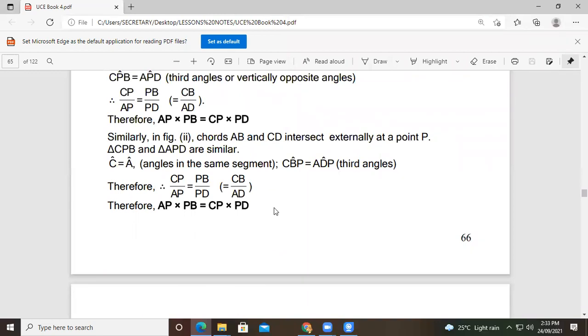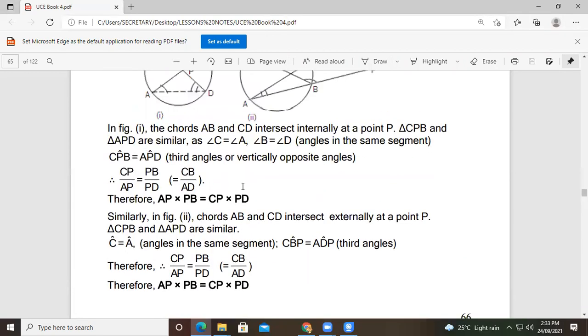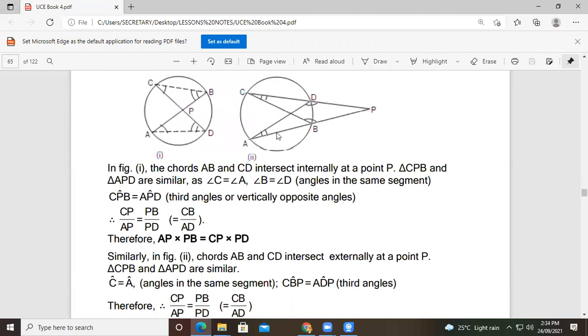So let us look at the second diagram here. In that second diagram, they are saying similarly in figure 2, chords AB. I'm saying chord AB, A to B, full stop. It is not AP. AP is not a chord, but the chord is AB.